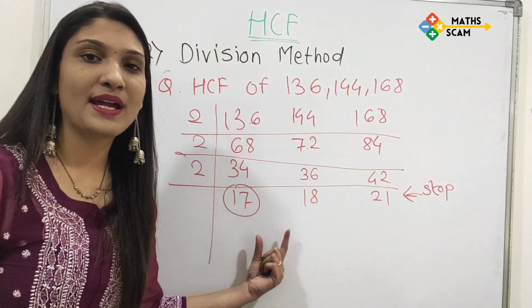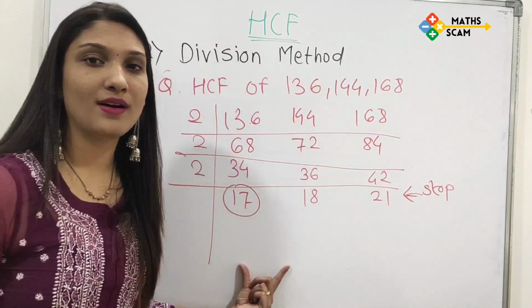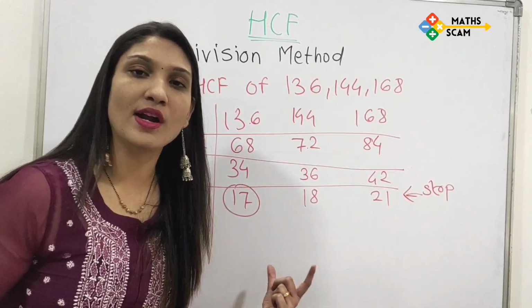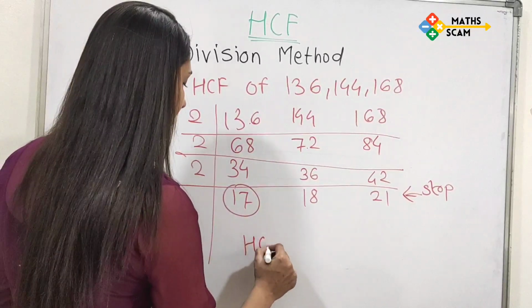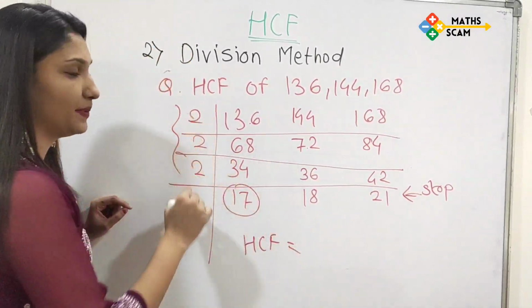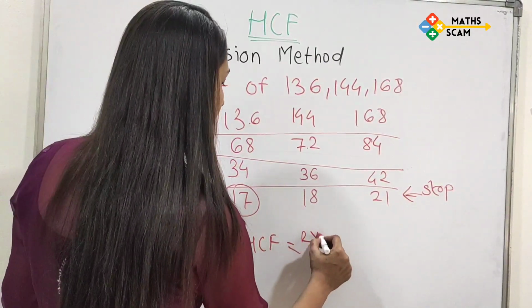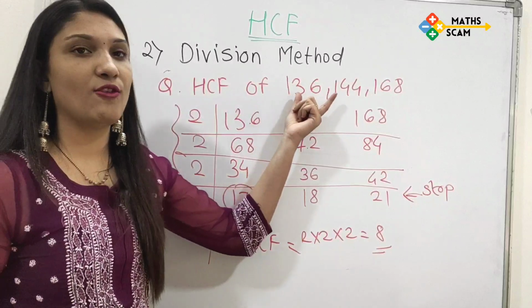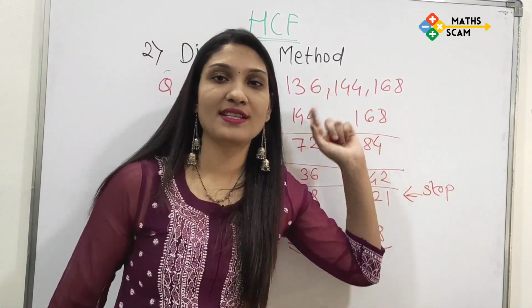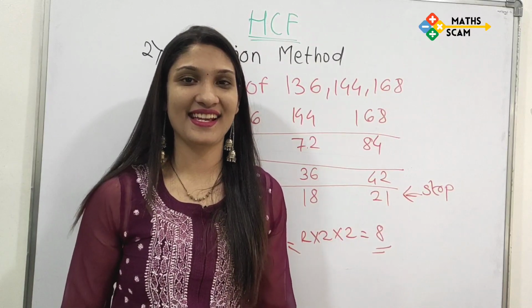We got one prime number, 2 or 3, anything, but we need to stop here as soon as we get a prime number. So the HCF will be the multiplication of the factors. So 2 into 2 into 2 is 8. So the HCF of 136, 144 and 168 is 8. Now you got it? Yes.